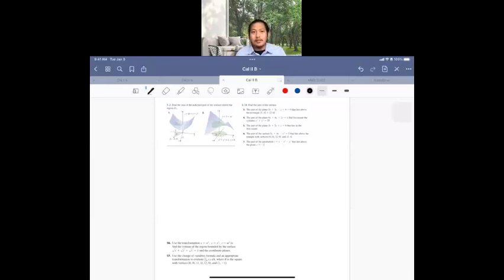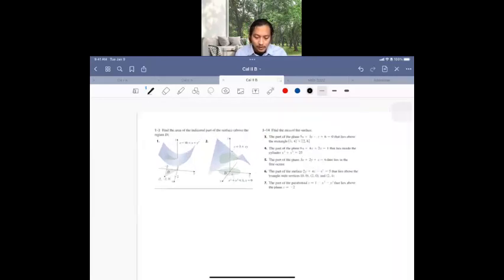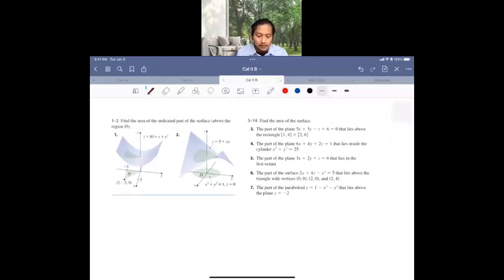Okay, for today's lecture, we will start with section 15.5. I will give you a quick review summary of what we have on surface area.